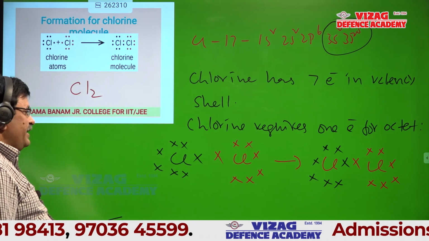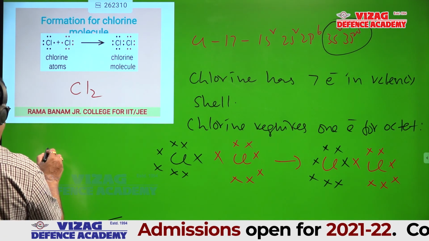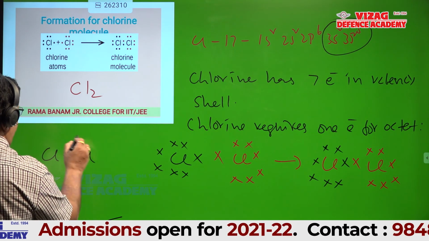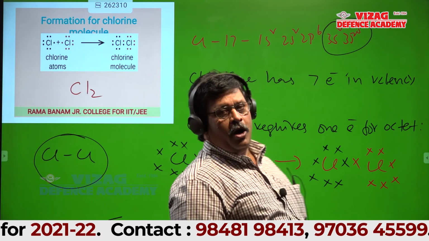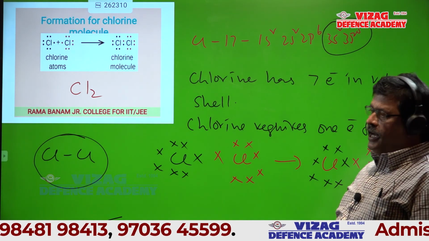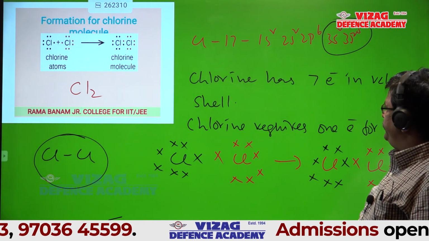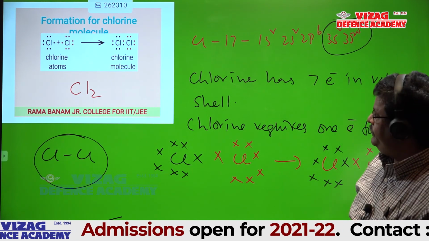Nothing but a single covalent bond forms between the two chlorine atoms. Is it okay?